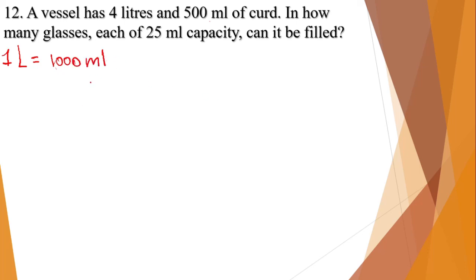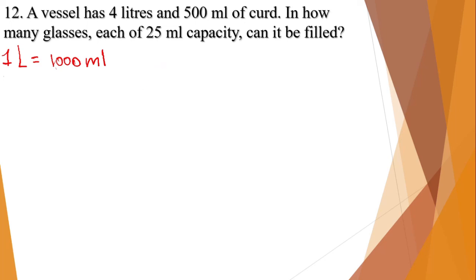Now here, if we want to convert it into liters, 4 is already in liters. Now we can't convert 25 ml to liters, right? We need 1000 milliliters to convert it into 1 liter. So we can't convert it into liters. And 500 ml can also not be converted into liters, right? It's because we need 1000 ml to convert it into 1 liter. Here we have only 525, right? So let's convert it into milliliters.